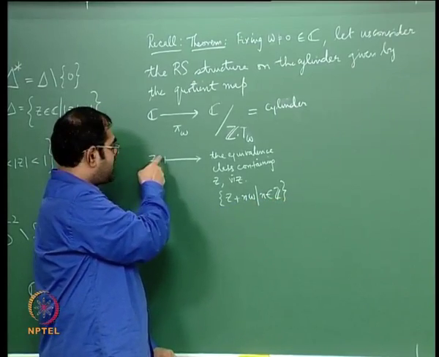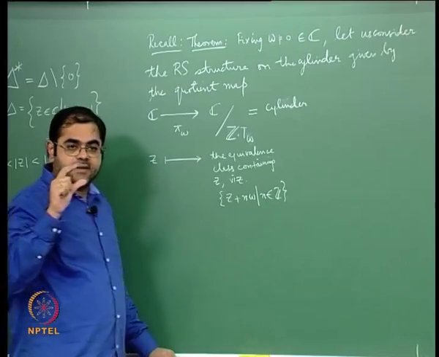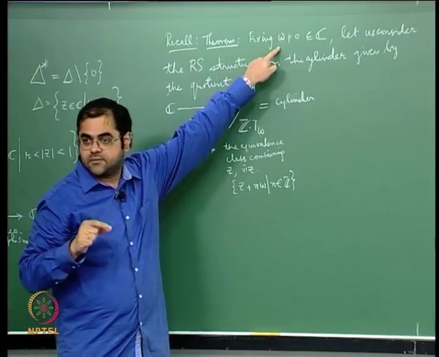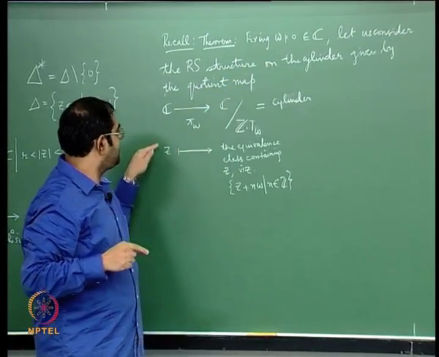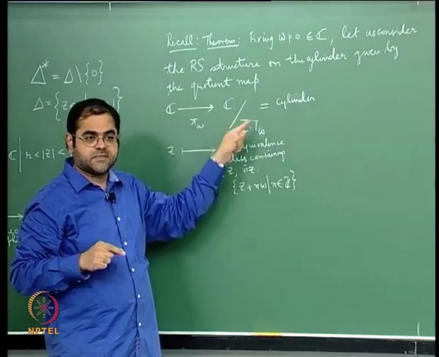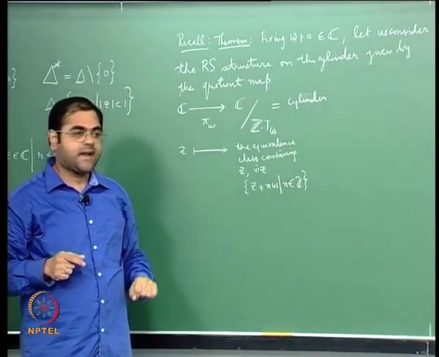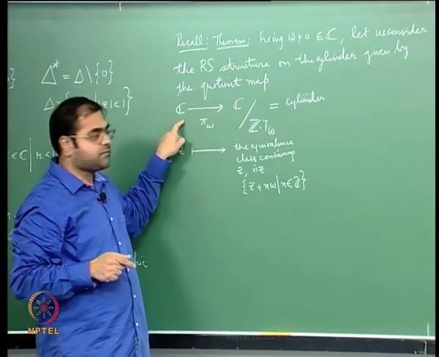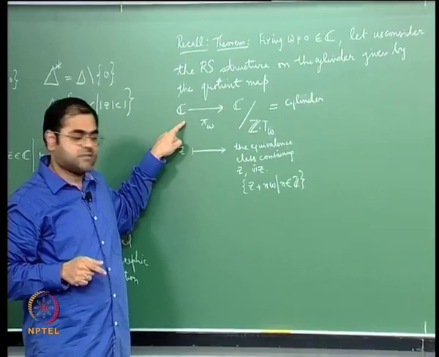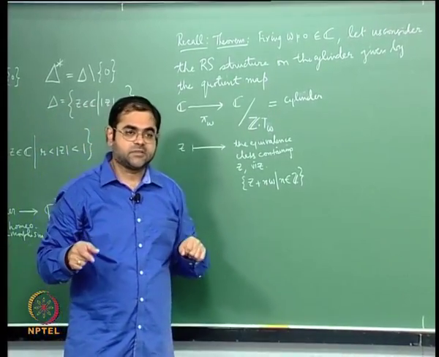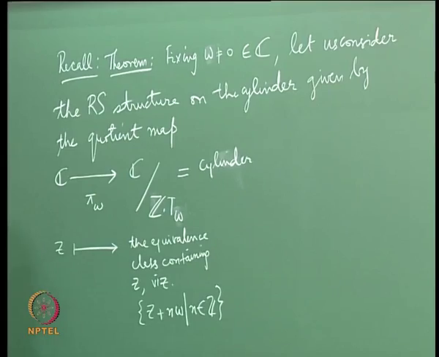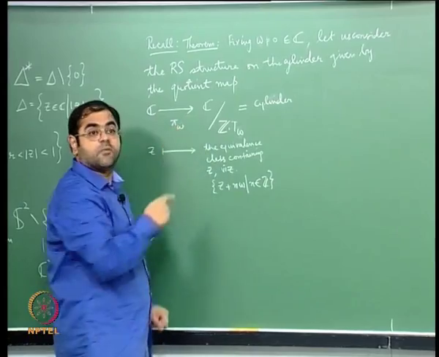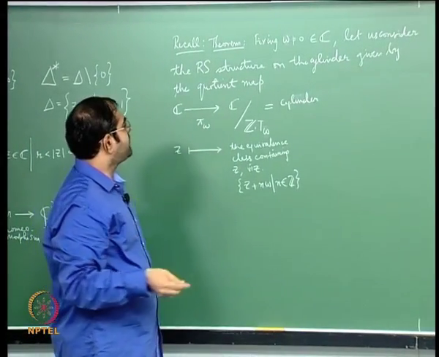So you take a pre-image, take a small enough disk and make sure that the diameter of the disk is very small when compared to the modulus of this complex number. Then you take the image of that disk under this map. This mapping is an open mapping, and as a result you will get a neighbourhood of that point which is isomorphic to this disk around the pre-image, and this gives you a local coordinate chart, and this is how you get the Riemann surface structure. And once you get the Riemann surface structure, this map becomes a holomorphic map.